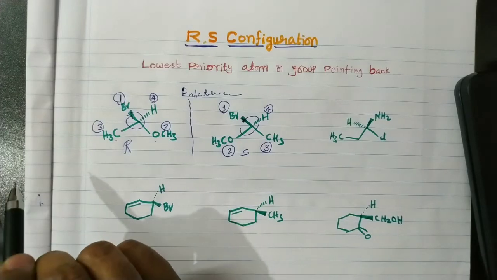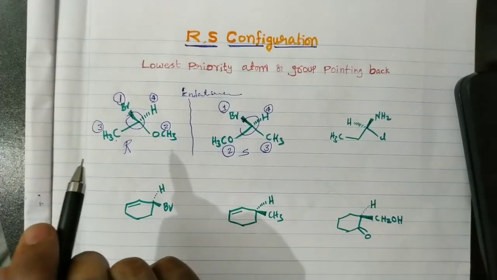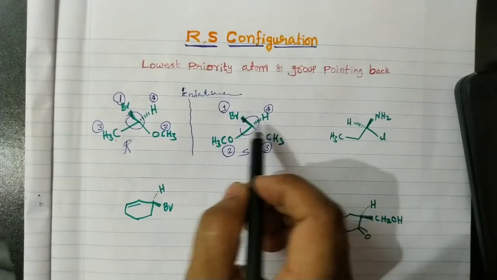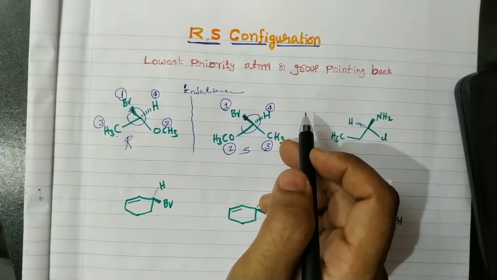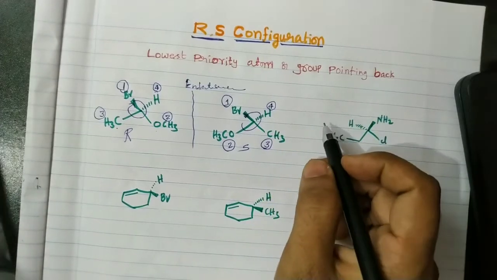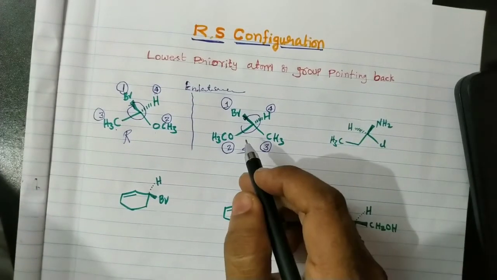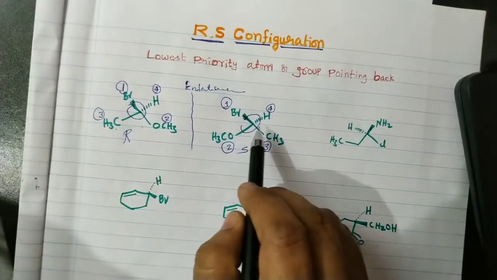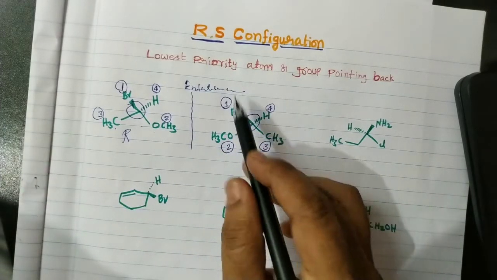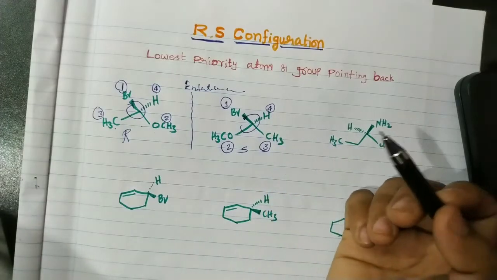In both cases the least priority group, the fourth priority group, is below the plane. So just take the arrow: if it is in clockwise direction, R configuration; if anti-clockwise, its configuration is S.